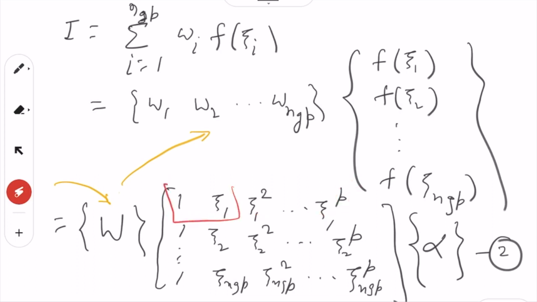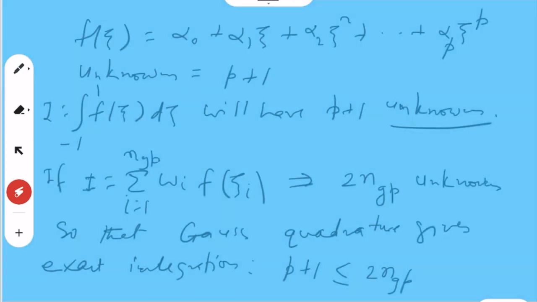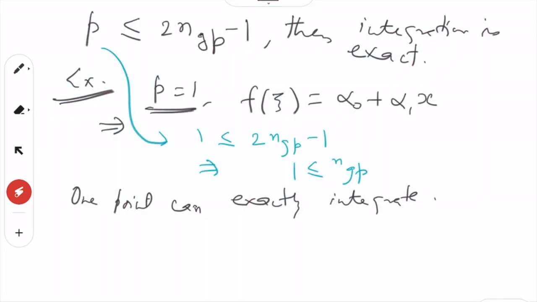So we have this one, and this is the M matrix. The transpose of that will be 1, xi 1. So we have 1, xi 1. Okay, so the M matrix for us will be the transpose of 1, xi 1.